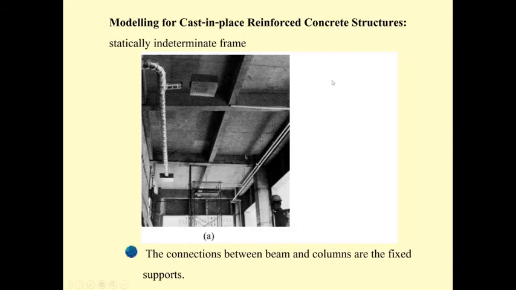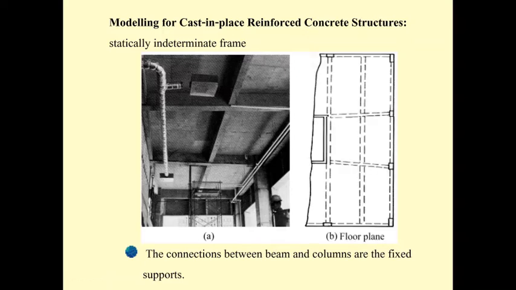For the real thing, which is the indeterminate frame, again, the transfer of the force is very similar to the previous example. The weight from the slab transfers to the beam, the weight from the small beam transfers to the bigger beam, and the weight from the bigger beam transfers to the column, like this: slab, smaller beam, big beam, column.